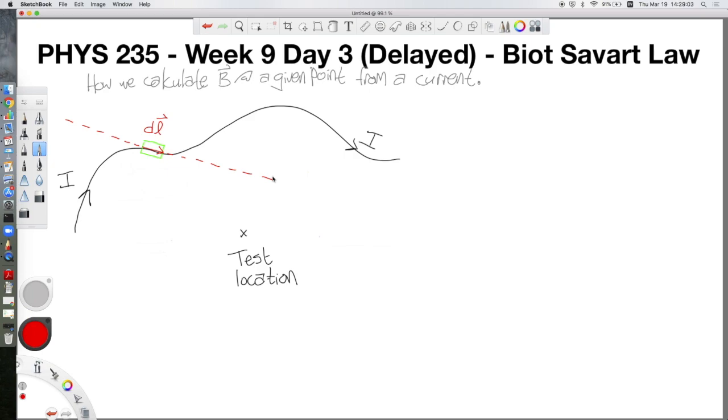So we have that tiny little bit of length, and that tiny little bit of length is some distance r away from the test location. So this vector will be r, going from the source of the field, in this case a current, to the test location, the location where we want to measure the magnetic field. And then there will be an angle between these two that we will call theta. And that's the angle when dl and r are connected tail to tail. It's the angle between them in those two situations.